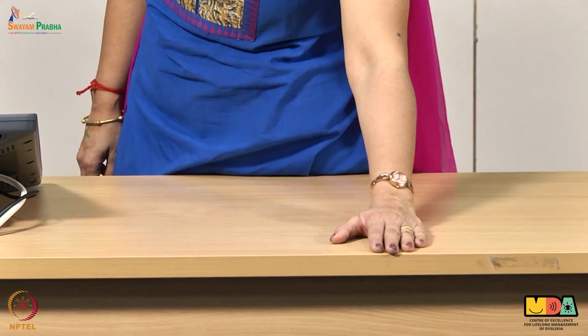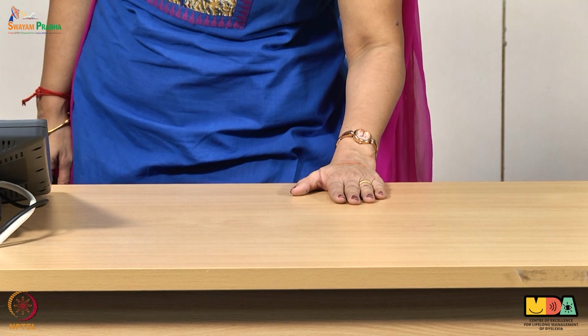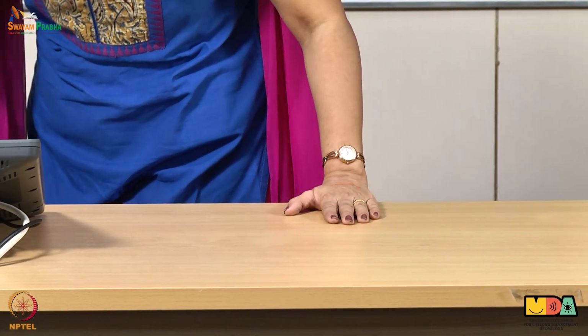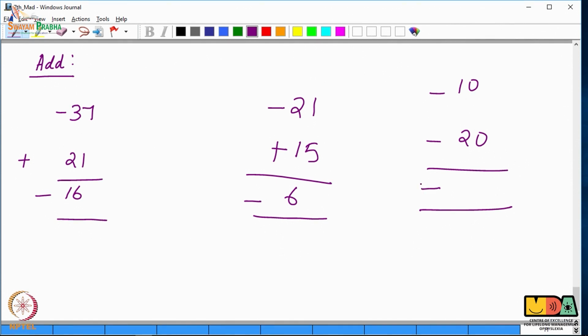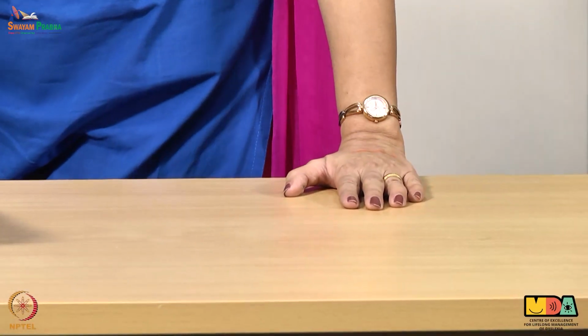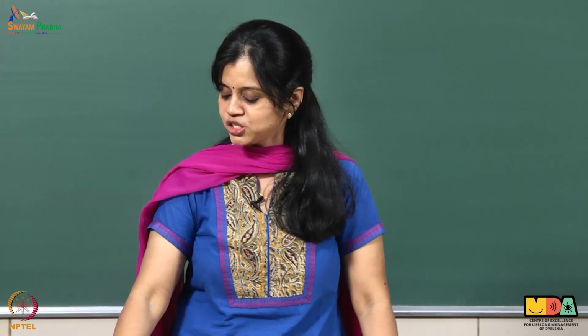Minus. That means they use the same hand and position it here. Which is the hand that they are using? Minus. So, your answer will also be minus, and if you use the same hand, you have to add. So, minus 10 added to minus 20 will be minus 30.